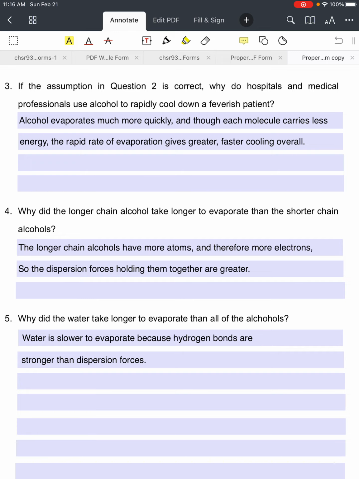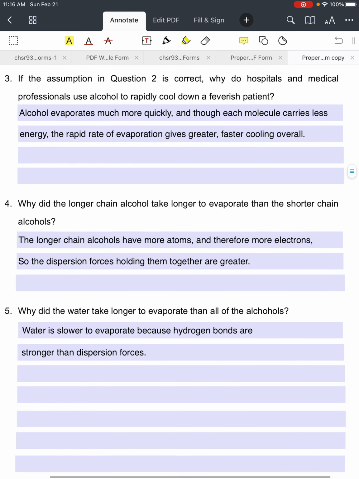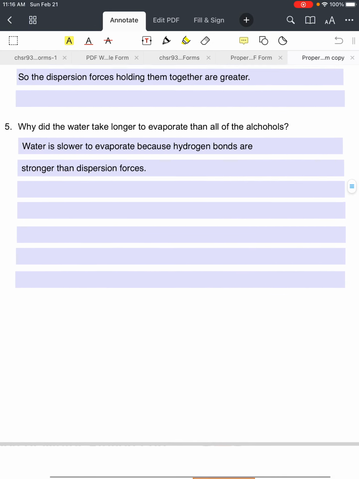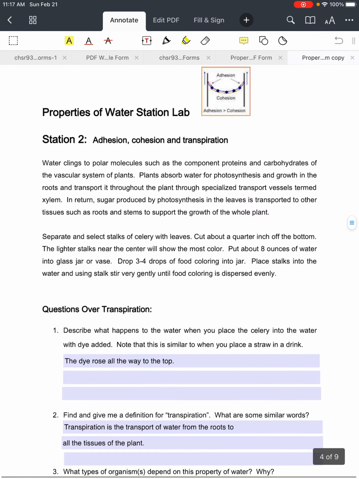So water is slow to evaporate, but when it does, it is a wonderful cooling substance, but only if you don't have high humidity and evaporation can occur. Anyway, water is slower to evaporate because those hydrogen bonds are holding it together. Those hydrogen bonds are stronger than the dispersion forces. The question was, why did it take longer to evaporate than the alcohols? It has stronger bonds holding it together.